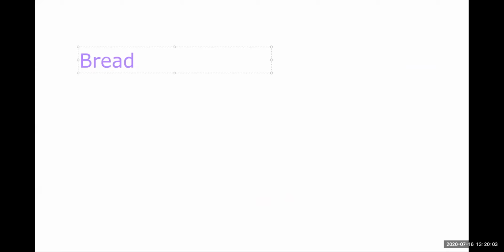Best example of carbohydrate. When we consume bread, the bread is a complex carbohydrate. You get it from wheat or grains, and this bread is broken down in our body into the smallest unit called glucose.